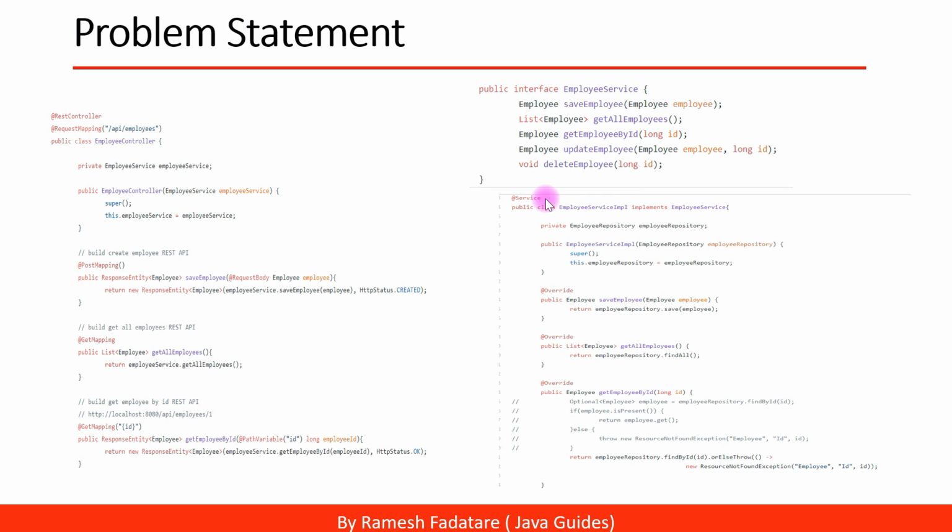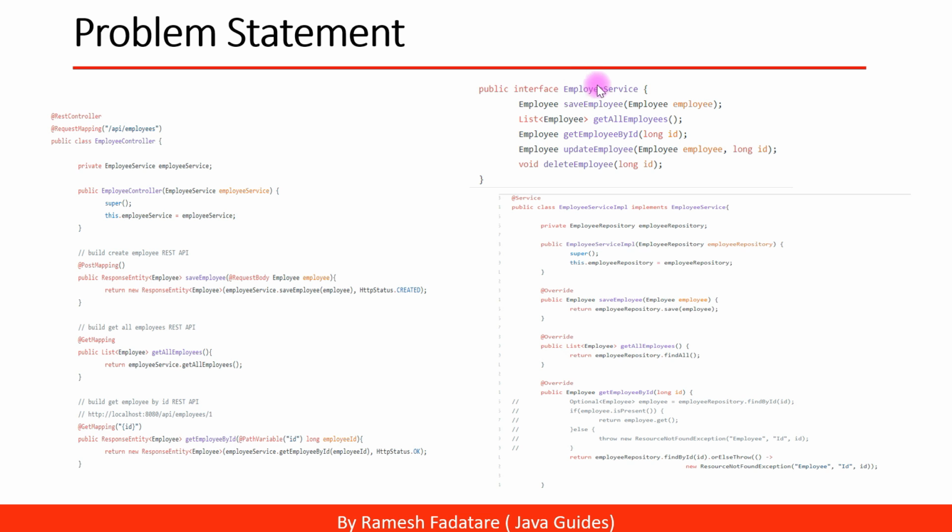So before we deep dive into Spring Data REST, let's first understand what is the problem Spring Data REST module solves. Okay, so in a typical Spring MVC project, we typically create a controller layer, service layer, and a DAO layer, right? And in the controller layer, let's say if we want to create REST endpoints for employee, then we need to create an employee controller, and then we develop REST endpoints for employee.